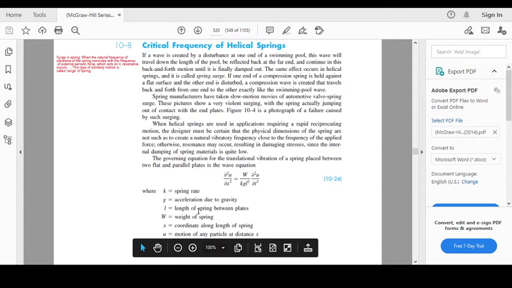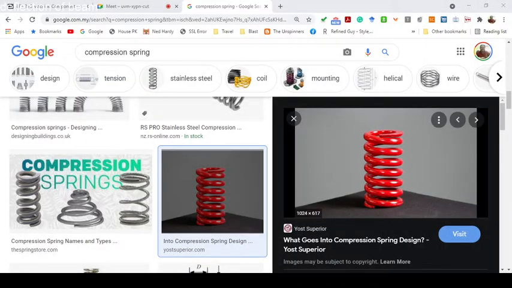So what is x? What is u? I try my best to relate with this picture here. You can see here, this is the spring.